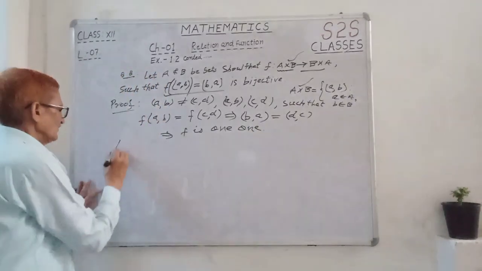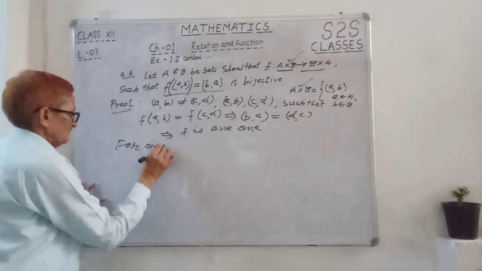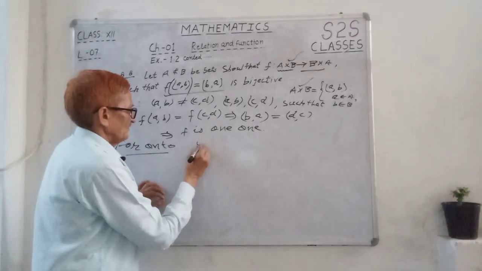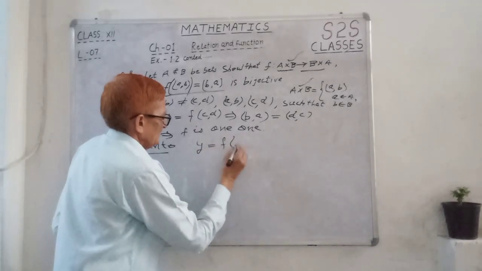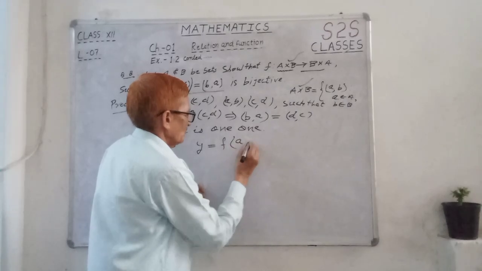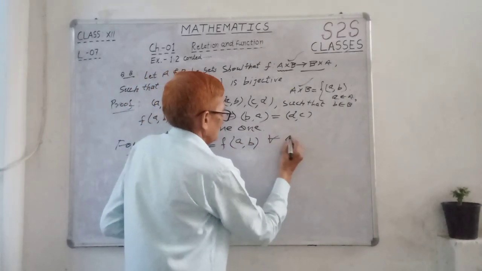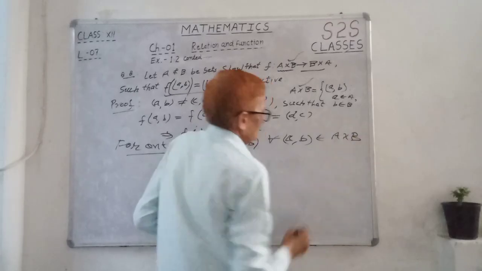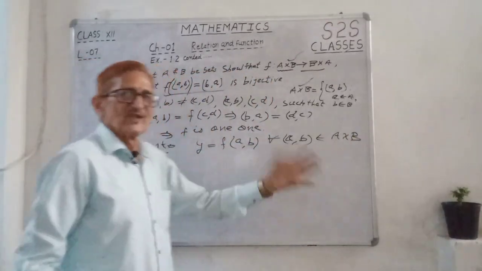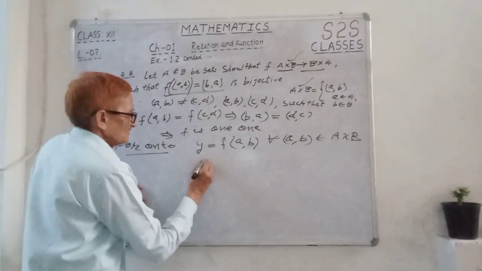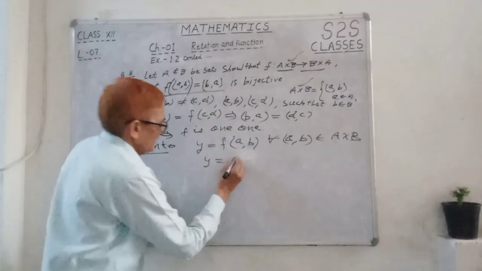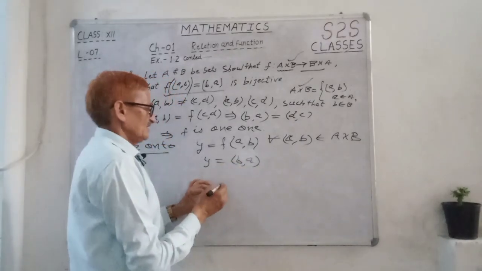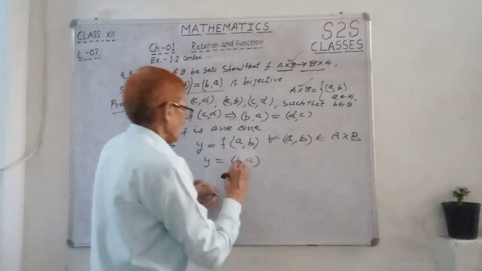After that, onto. For onto, range set means y is equal to f of x, and f of x is like this (b, a), for every (a, b) ordered pair belonging to the domain set A Cartesian B. So what is this? y is equal to this value, given (b, a), this ordered pair, which is f of (a, b).